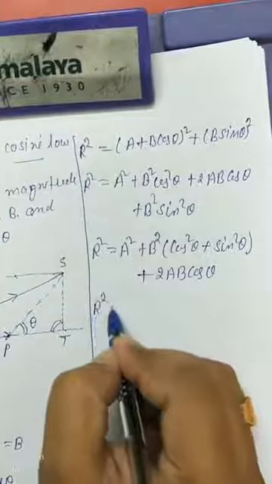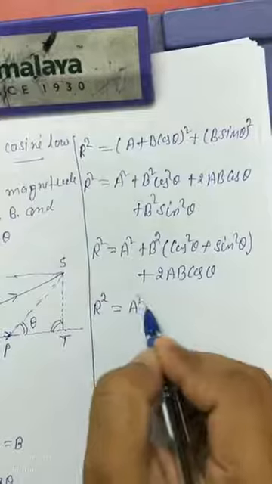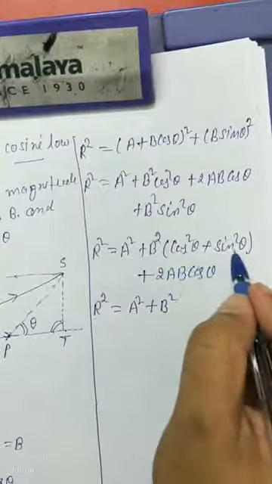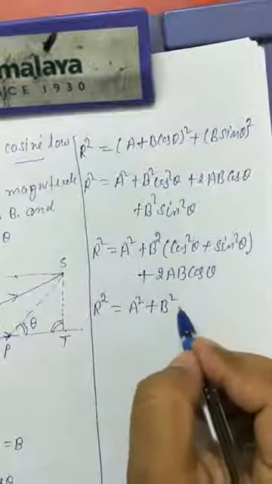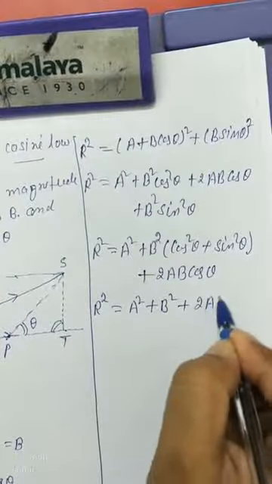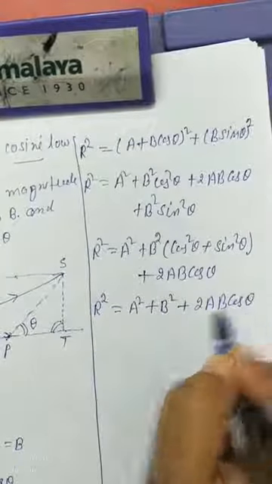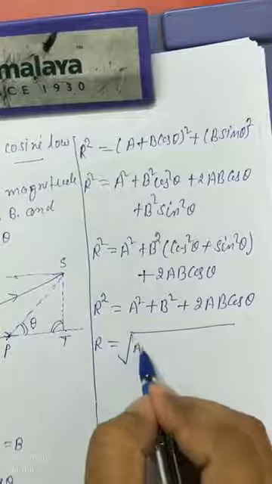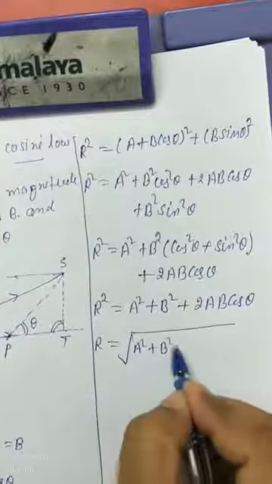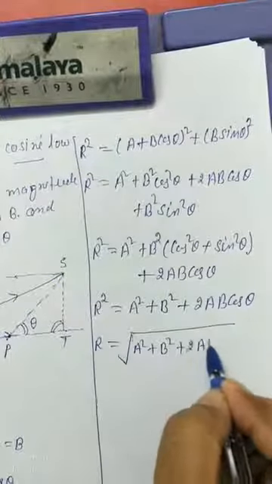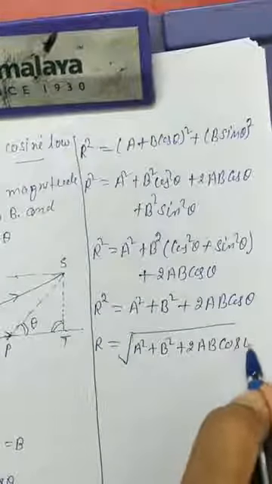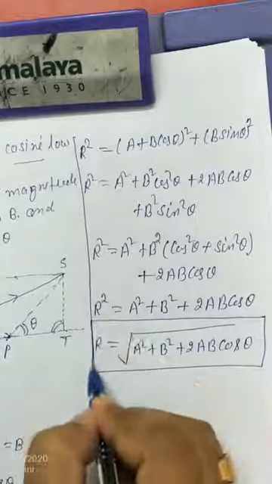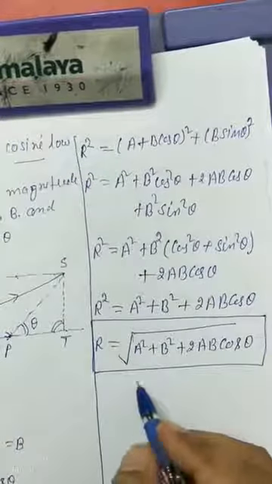Now R square is equal to A square plus B square, because cos square theta plus sin square theta is equal to 1, plus 2AB cos theta. Then R is equal to under root A square plus B square plus 2AB cos theta. This is also known as the cos rule or the analytical method.